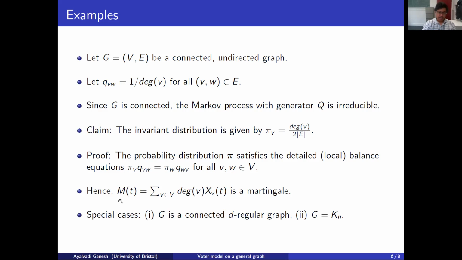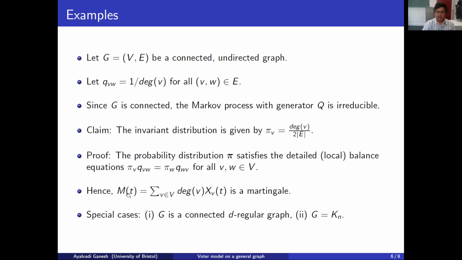Okay, and it's worth mentioning a couple of special cases. If G is a d-regular graph, what's that? It's a graph in which every vertex has the same degree D. If that's the case, the degree of V is a constant, it's D, and you can pull that out of the sum.